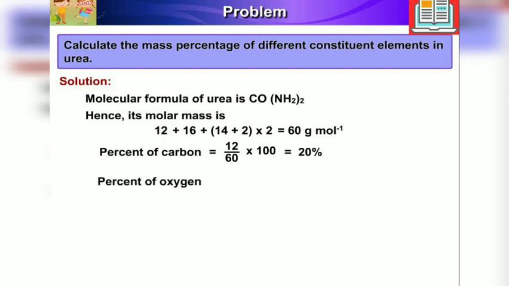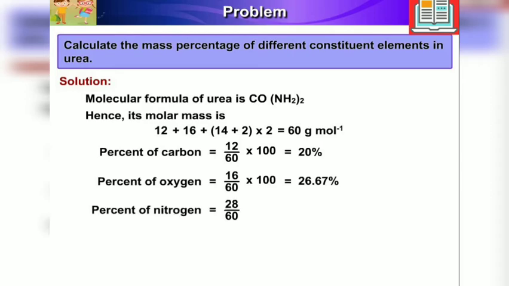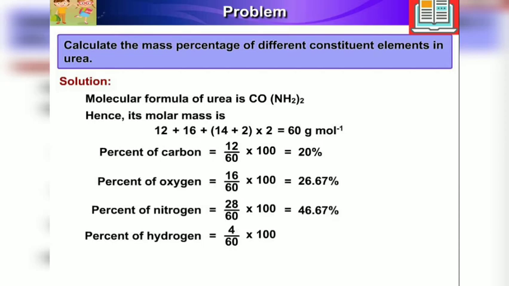Percent of oxygen equals 16 upon 60 into 100 equals 26.67%. Percent of nitrogen equals 28 upon 60 into 100 equals 46.67%.